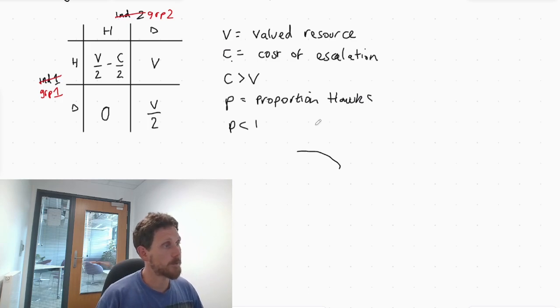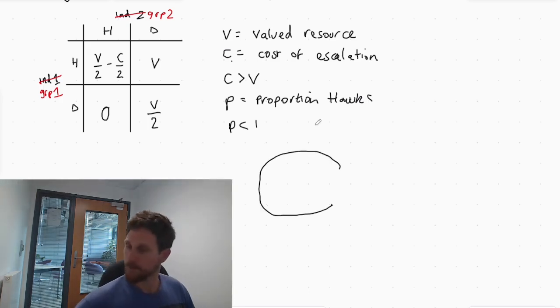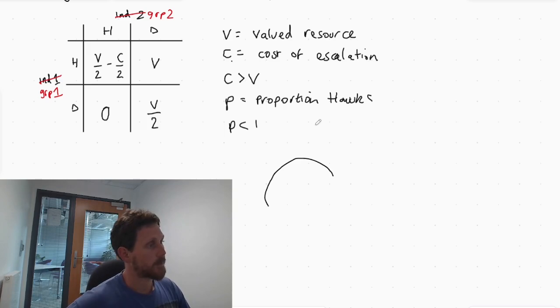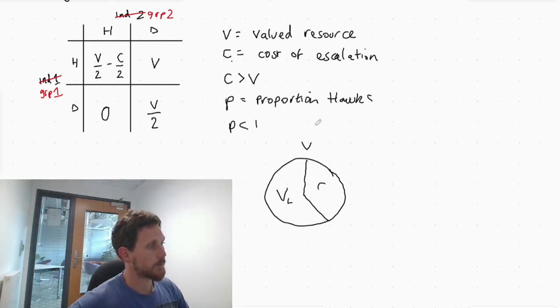If the rewards were a big circle, which we call V, then the leaders would get an unfair share, which we might call VL, whereas the followers might get VF.